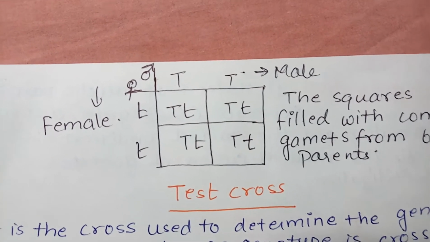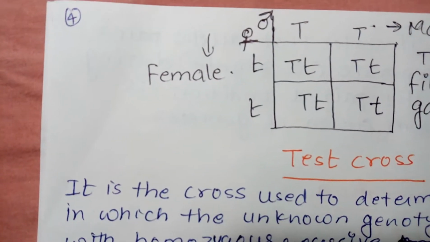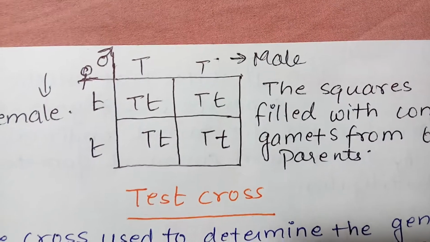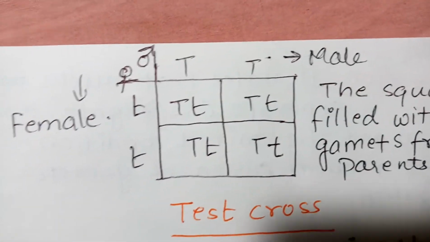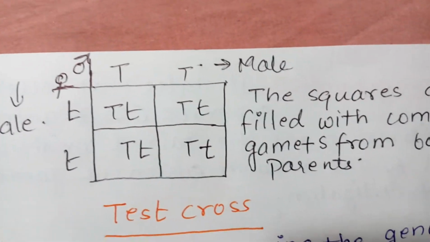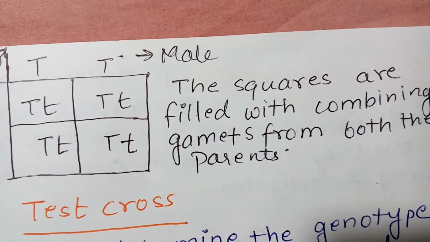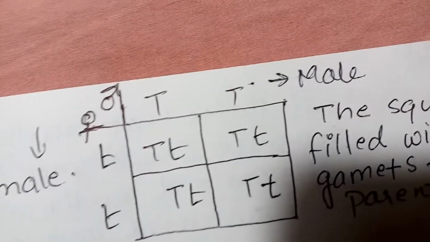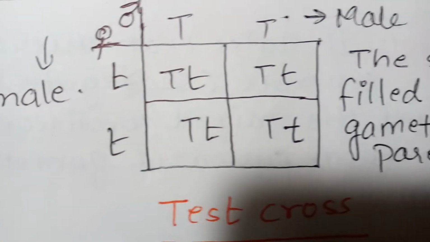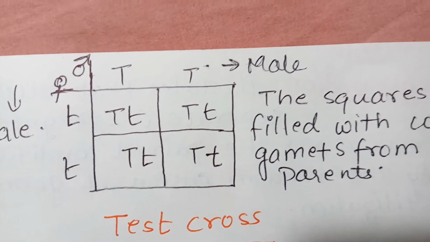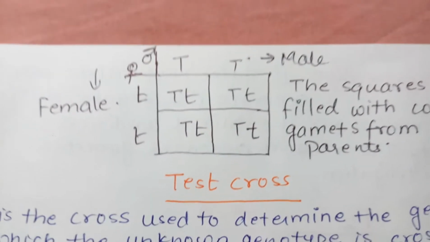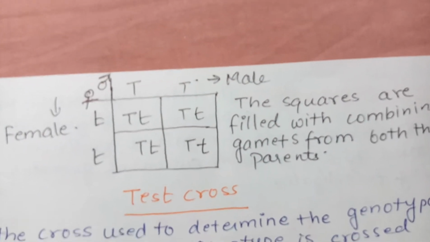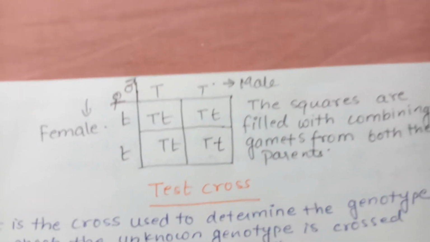On one side we write male gametes, on the other side female gametes, and the squares are filled with the combining gametes. So T and T will form TT. So it is easy to calculate what kinds of gametes form. The Punnett square is basically for that.